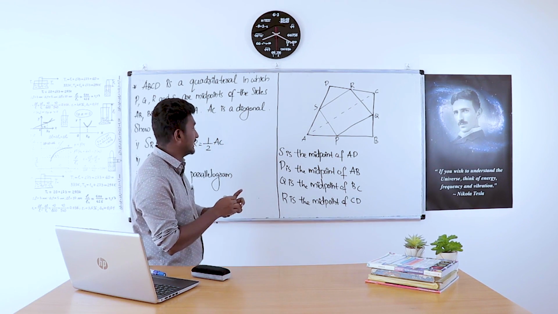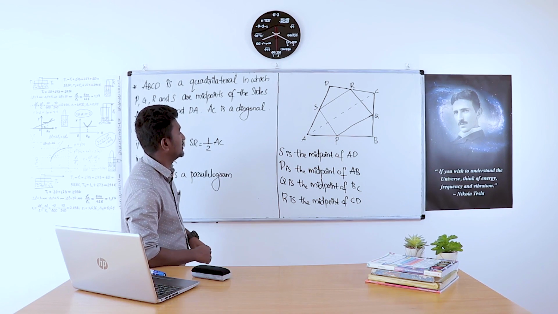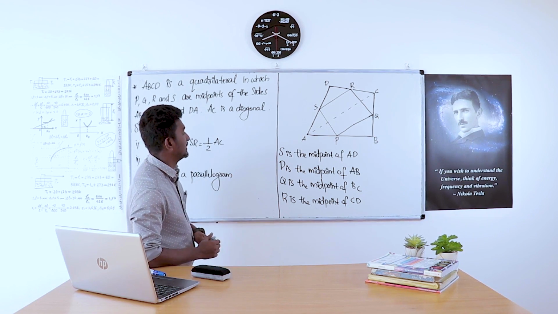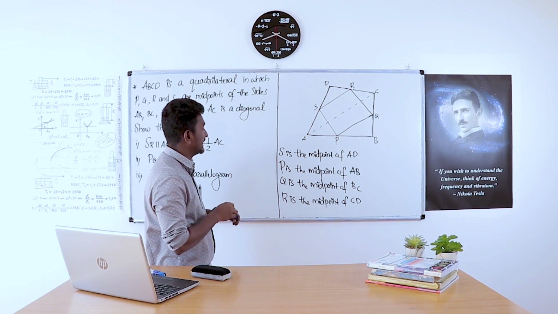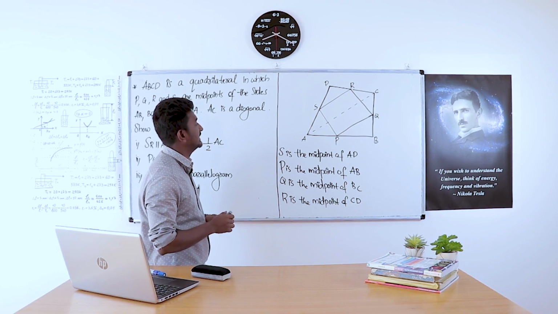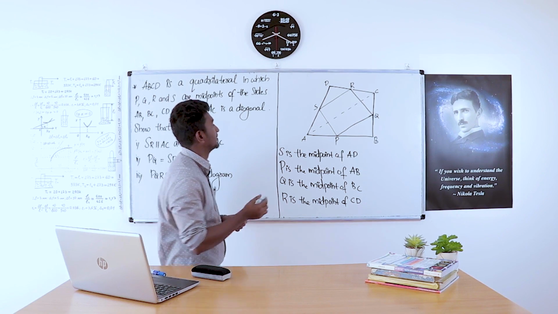These four things are given, that is, S is the midpoint of AD, P is the midpoint of AB, Q is the midpoint of BC, and R is the midpoint of CD. These things are given. Okay.